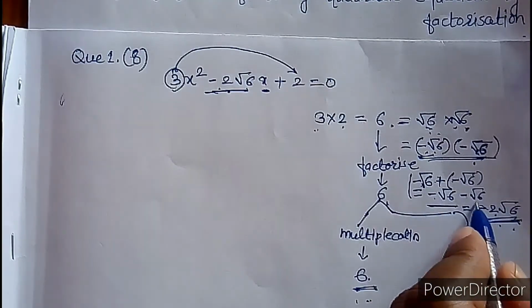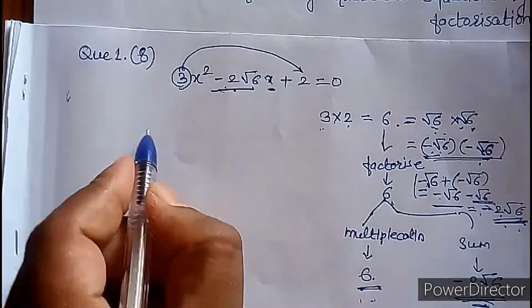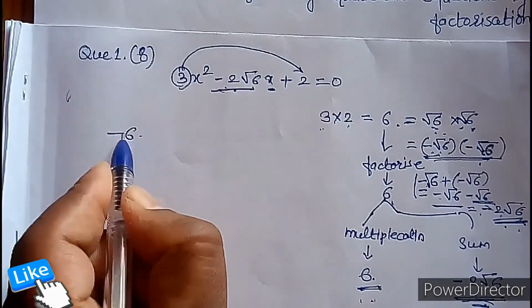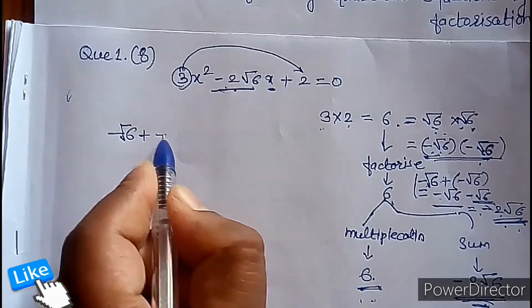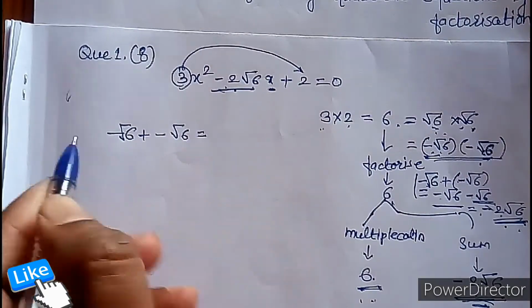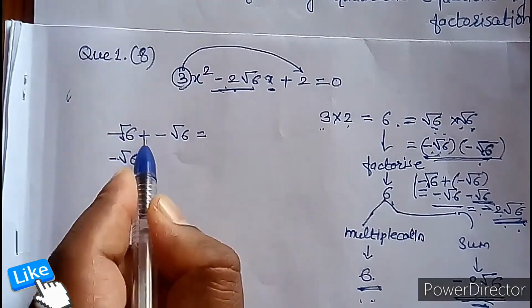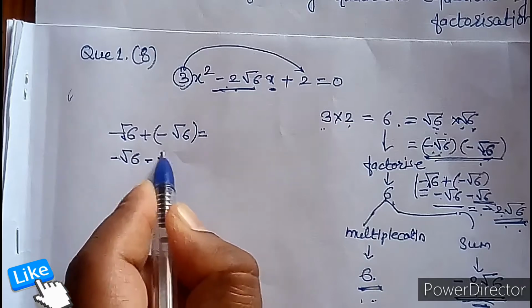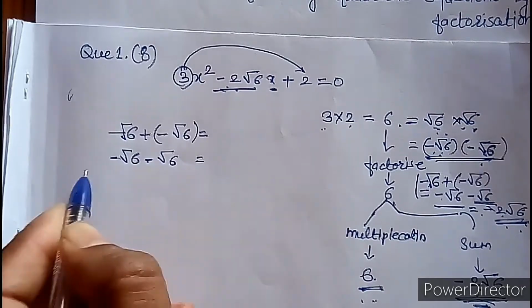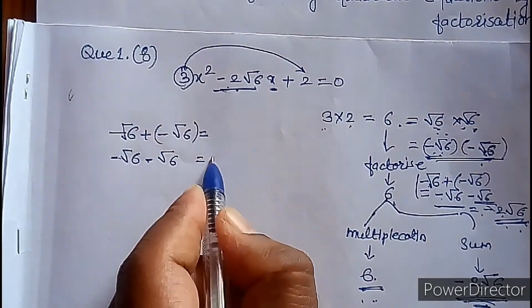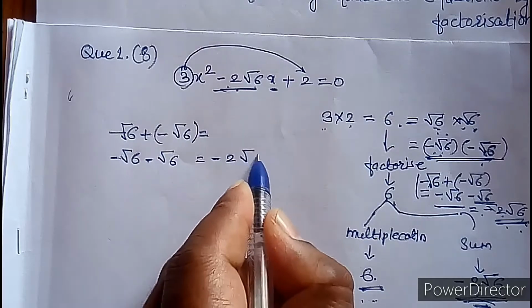Minus root 6 and minus root 6 are the convenient factors. Therefore minus root 6 plus minus root 6 equals minus root 6 minus root 6, that is minus 2 root 6.